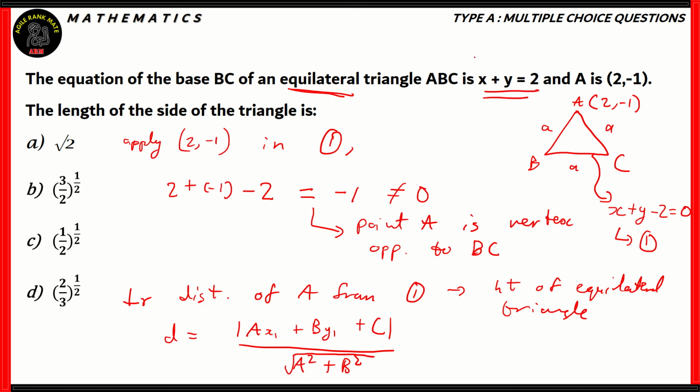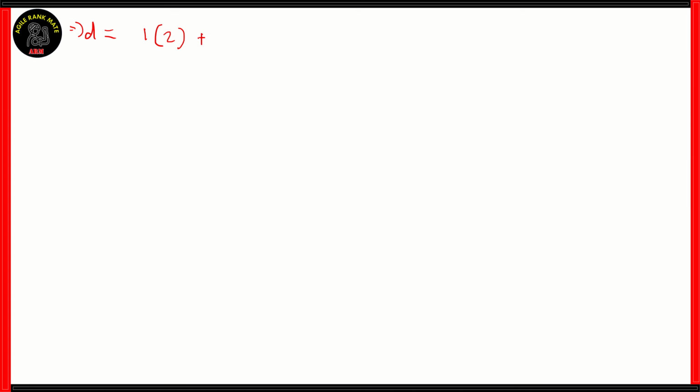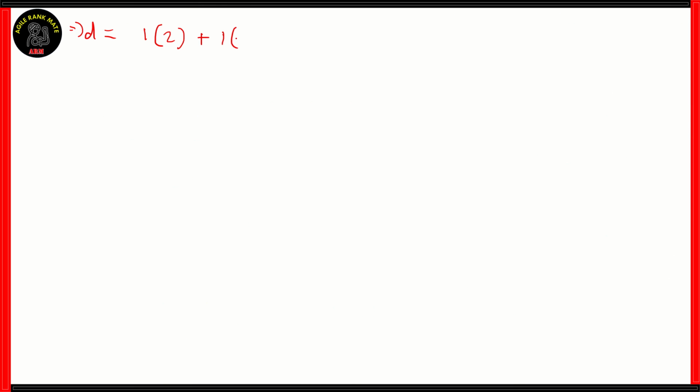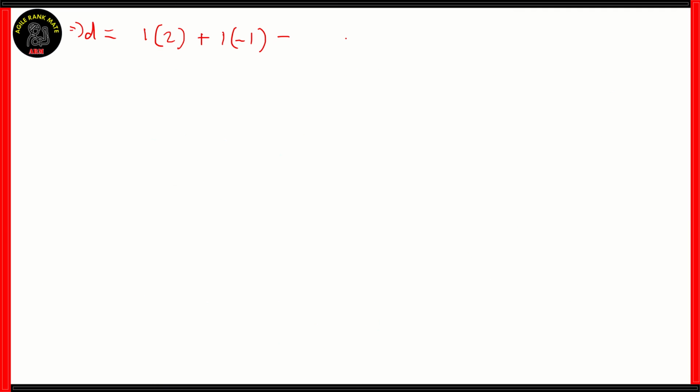Now, basically, the coefficient of x is a, the coefficient of y is b, and minus 2 is c. So we're going to apply that here. So 1 times the x coordinate of A, which is 2, plus the coefficient of y, which is also 1, times the y coordinate, which is minus 1, and the constant c here is minus 2.